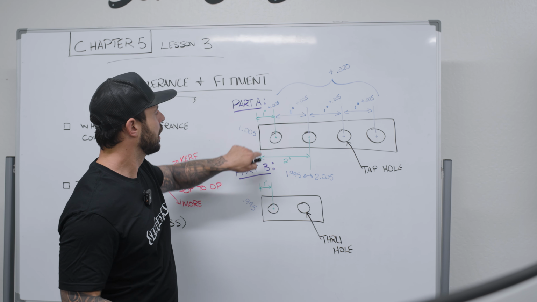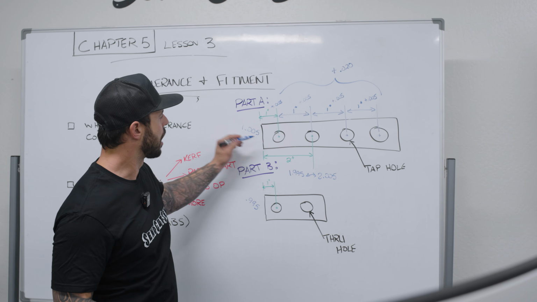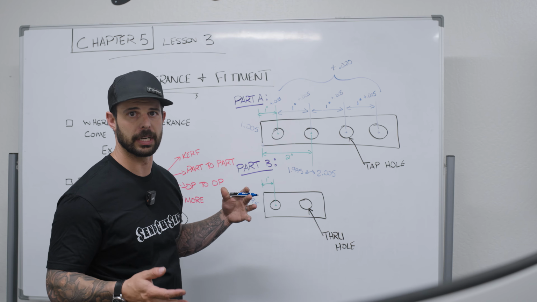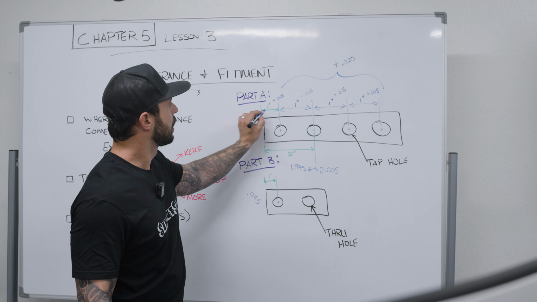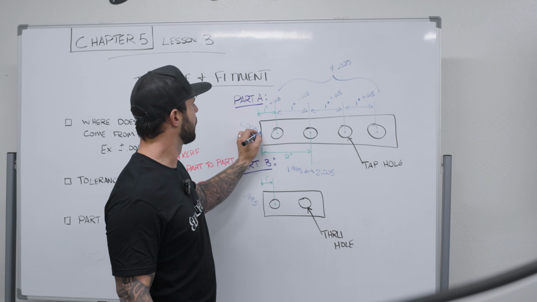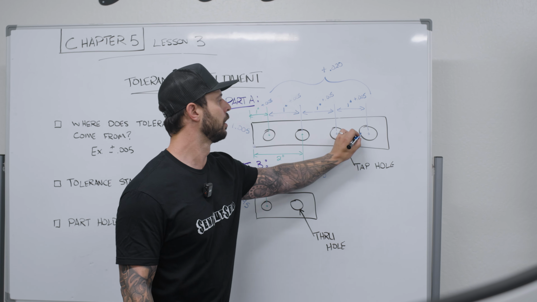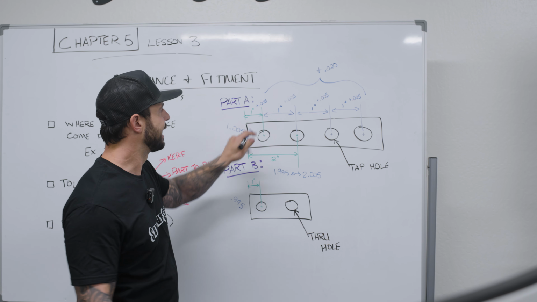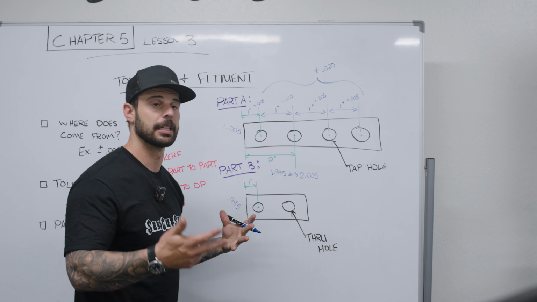Now with this, if I were to dimension from one common point, say this is our common origin point, I can dimension each one of these with respect to this common point. Now this is the correct way to do this. If I were to dimension it like I have up here, where I have my first hole dimensioned to my edge and then hole to hole to hole, what ends up happening is that each one of these dimensions has 5/1000ths of allotment on my tolerance.